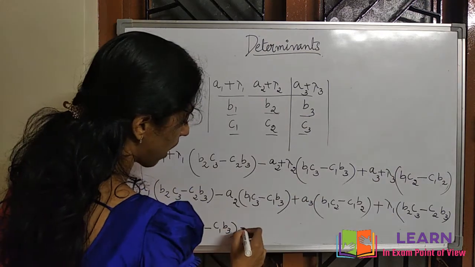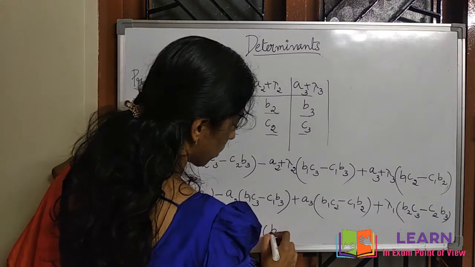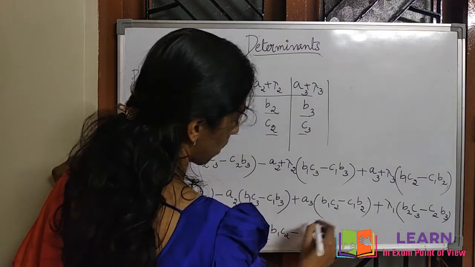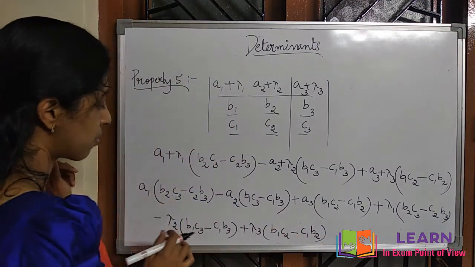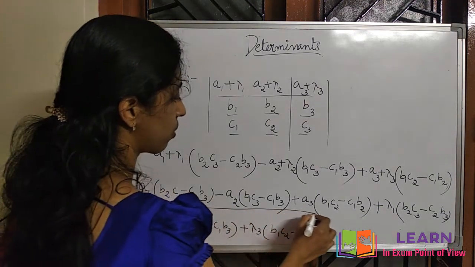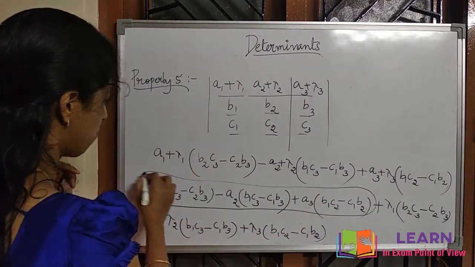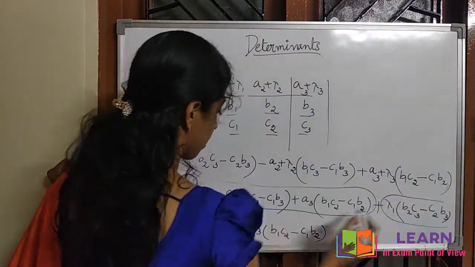Last we have plus lambda 3, then b1 c2 minus c1 b2. Just look at these terms: a1, a2, a3 as one section, then the lambdas as the other section.